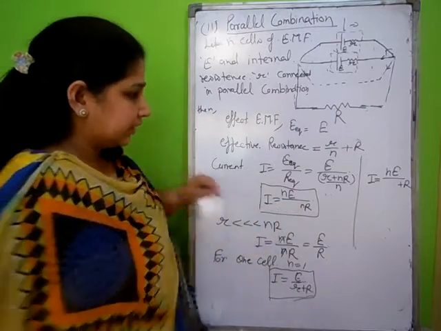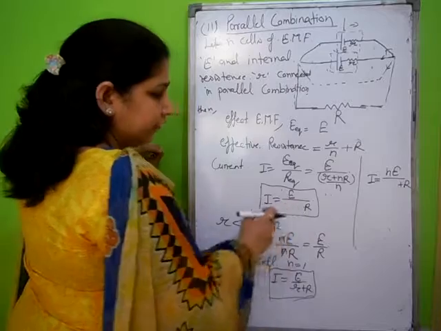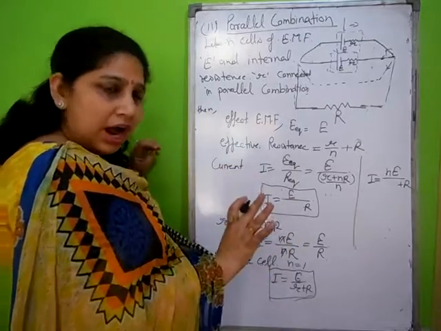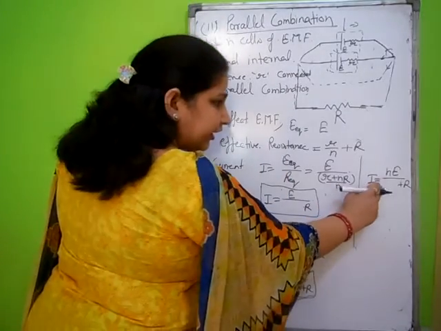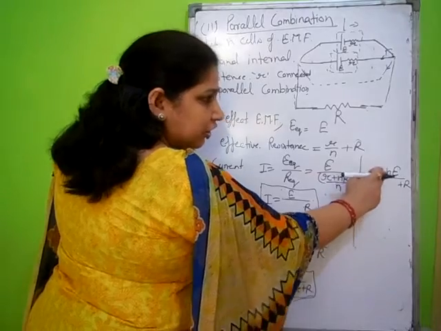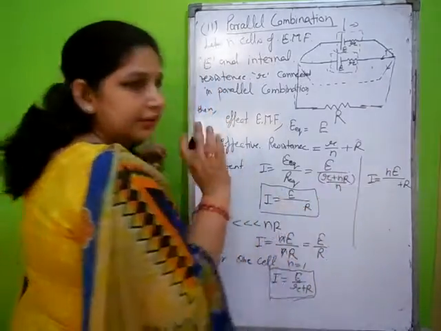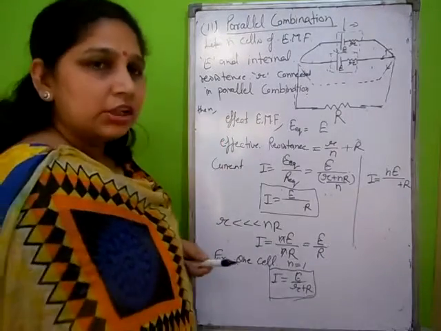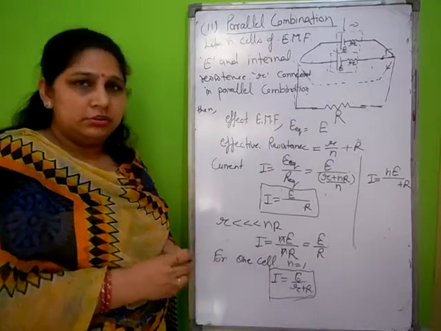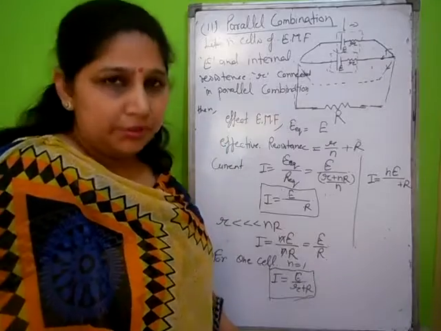Got it? Means current will be E upon R. And if we take the series combination of n cells, then current will increase as EMF will increase. This is the difference between the combinations of cells. That's all about the combination of cells.